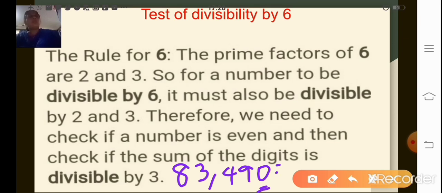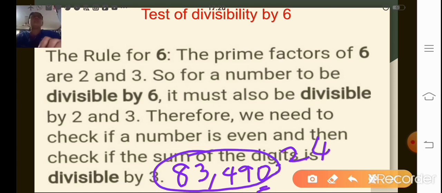Now, this 24 is divisible by 3. Correct? That means this number is also divisible by 6. If a number is divisible by 2 and divisible by 3, that means that particular number is also divisible by 6. Okay?